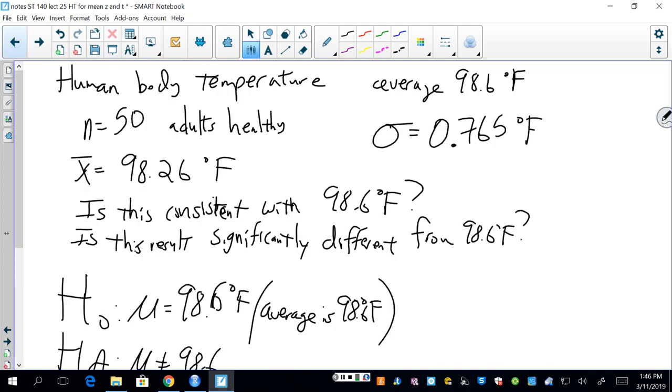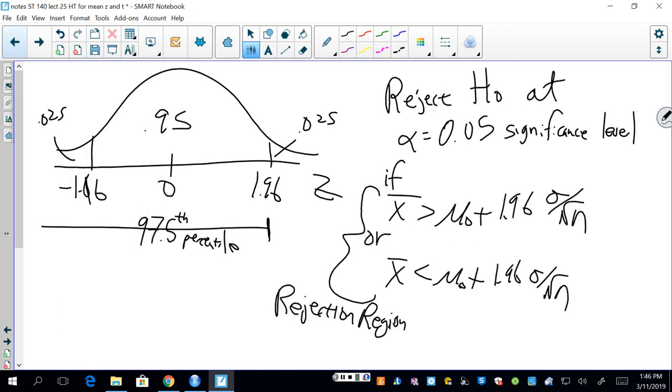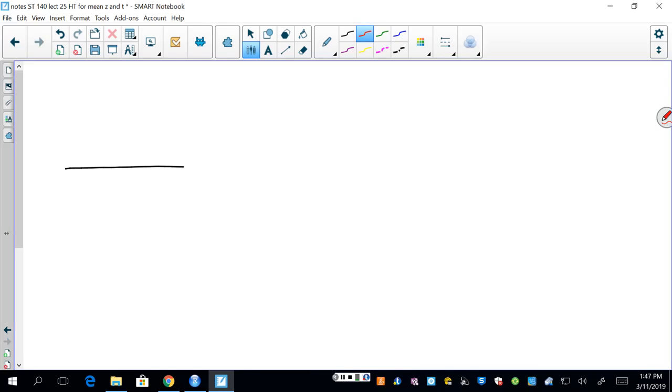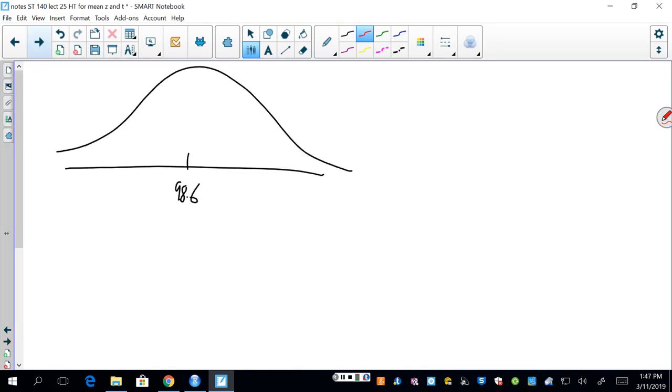In terms of our picture, I'll draw a new picture for this situation. Here's 98.6, here's the null hypothesis. And then we get two cutoff values here, 98.34 and 98.1, I think.